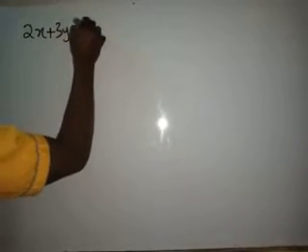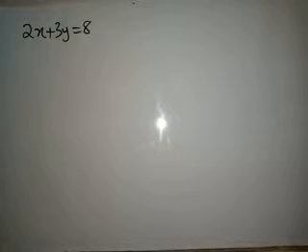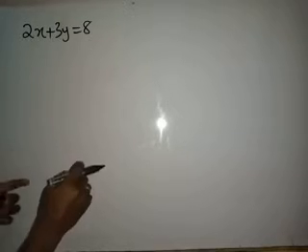The first equation we have there is 2x + 3y = 8, and we said from -1 to 3.